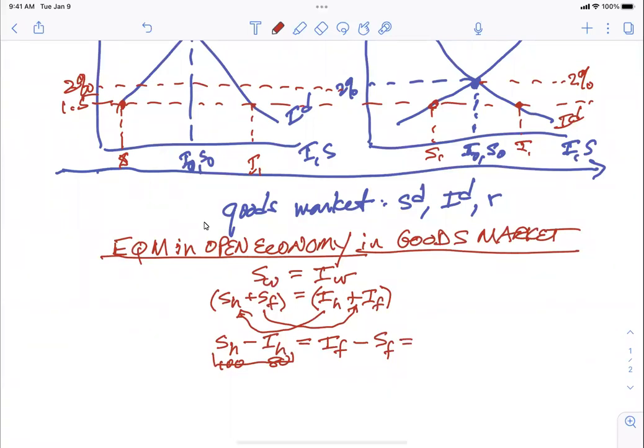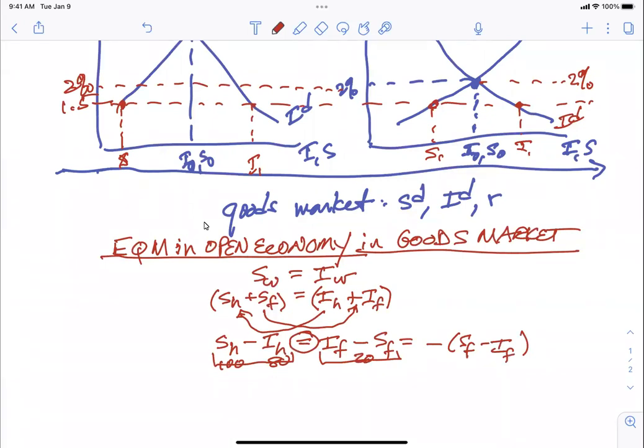Now we can say this is like minus saving in the foreign minus investment in the foreign. I just brought a minus sign, I just flipped them around, right? All right, so what does this mean over here? If this is 20 over here, there's an equal sign here. This has got to be 20, which means that investment is greater than saving by 20 in the foreign country.